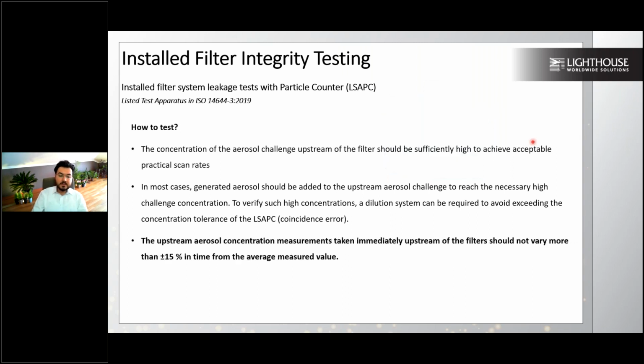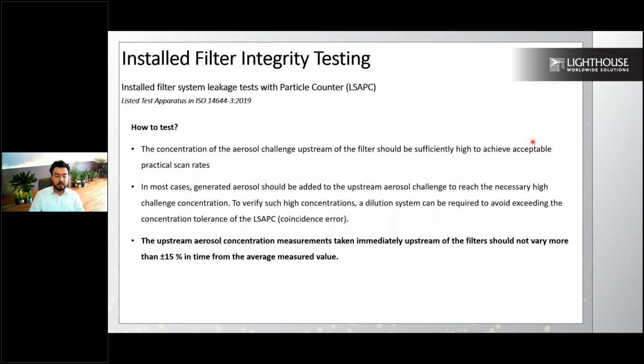Next one is the upstream aerosol concentration measurement. Taken immediately upstream of the filters, it should not vary more than plus or minus 15% with time from the average measured value. So this is another challenge, because if your upstream value is changing and you are not constantly sending aerosols into your HEPA filter before you test it, the recorded upstream challenge may not be true.